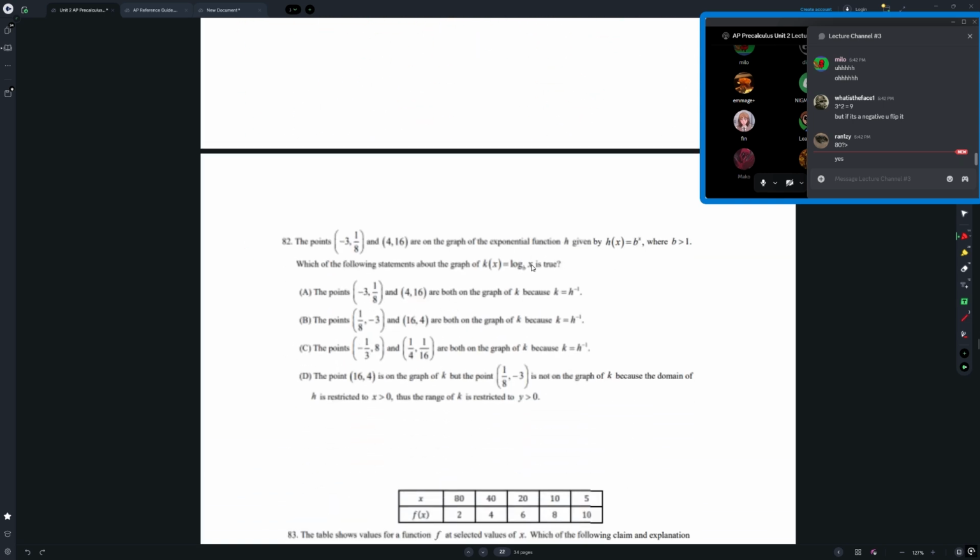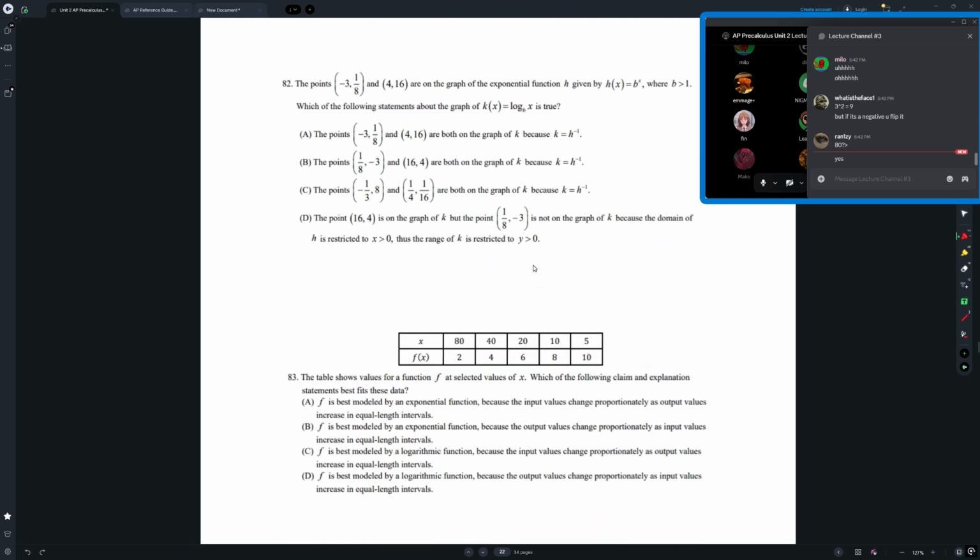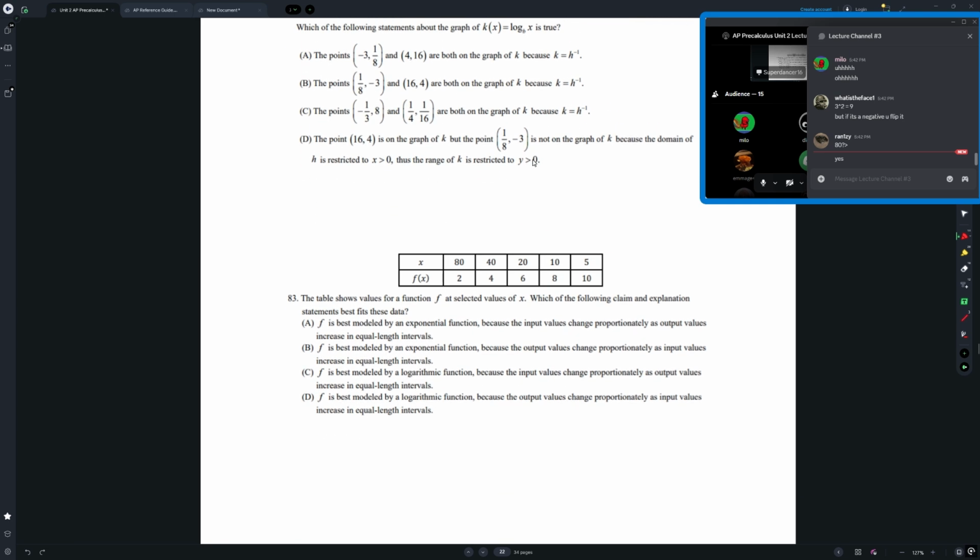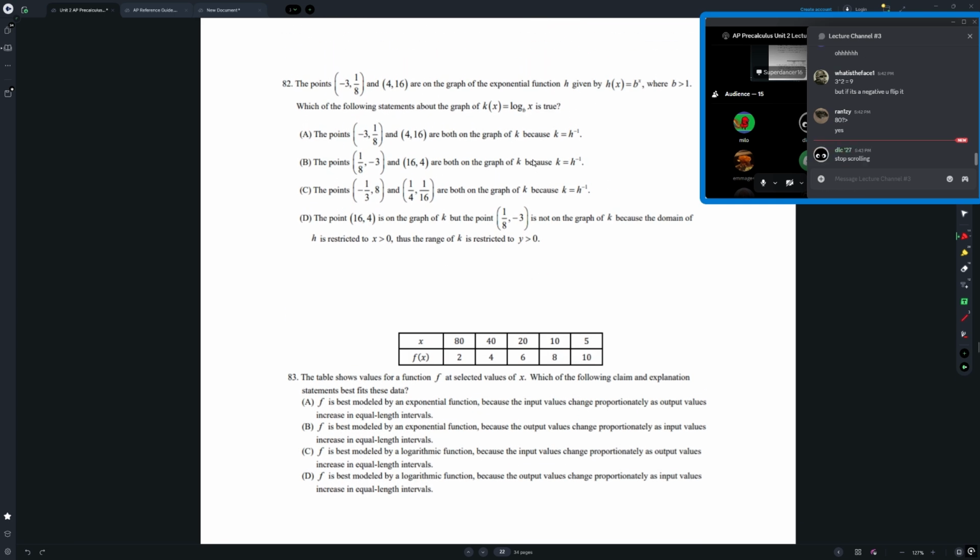So now try these. Try both of these. I was just trying to see if I could scroll to fit something, but it's not working. My bad.